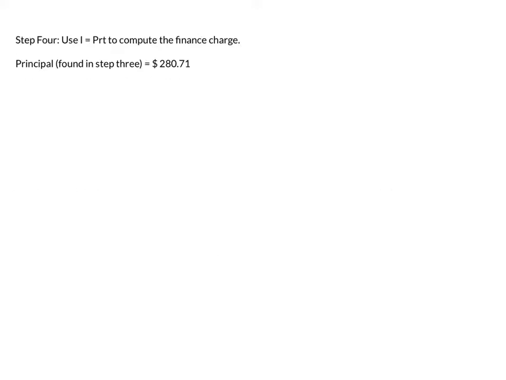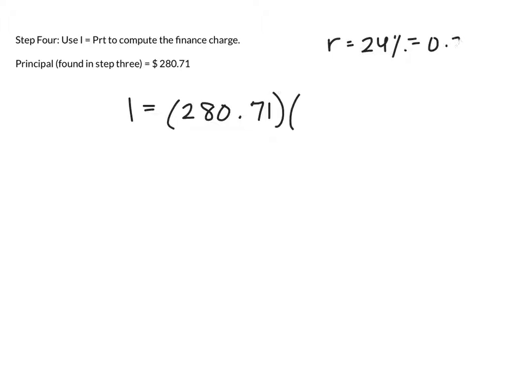$280.71. My fourth and final step is to use I equals PRT to compute the finance charge. I'm going to use the principal found in step 3 in this formula. So I have I equals 280.71 times R. The problem tells me that the interest rate was 24%, and I can convert that to a decimal by dividing by 100.